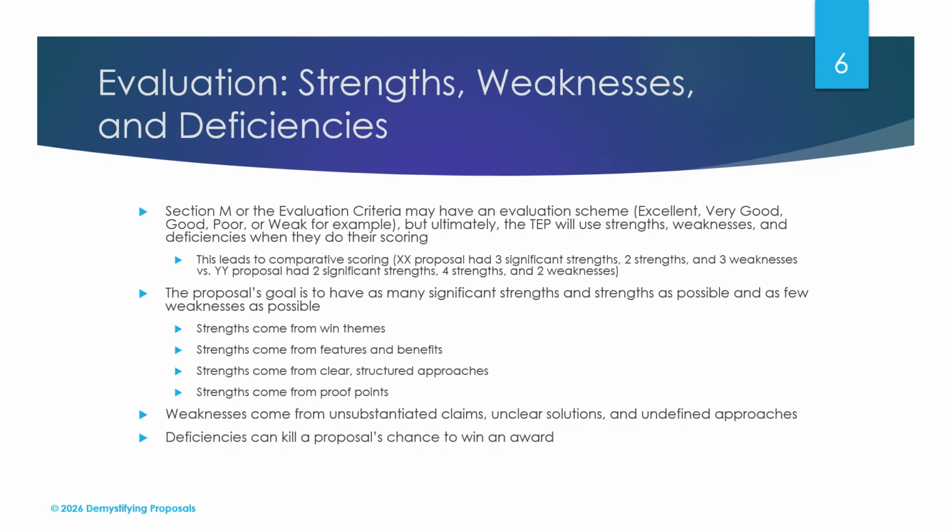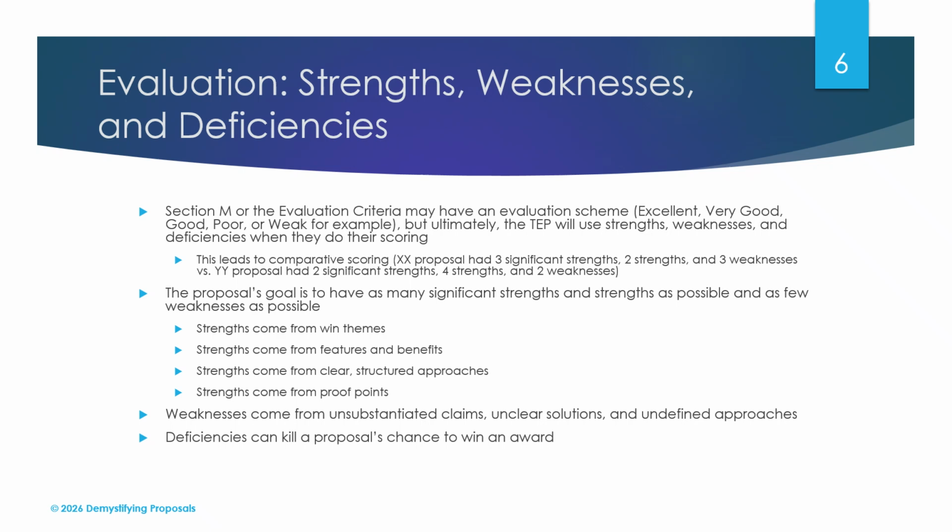This leads to comparative scorings, such as XX proposal had 3 significant strengths, 2 strengths, and 3 weaknesses, while YY's proposal had 2 significant strengths, 4 strengths, and 2 weaknesses.